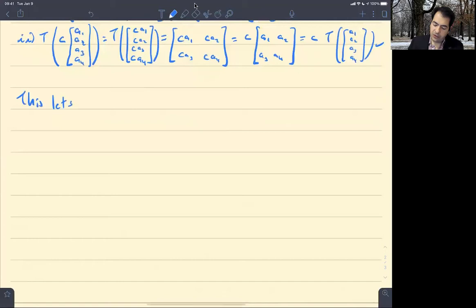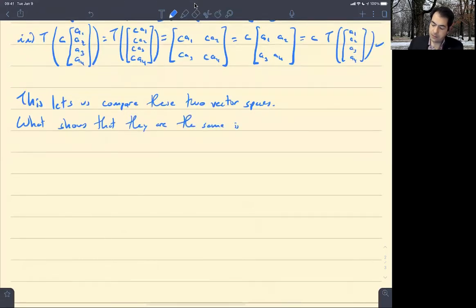So this lets us compare these two vector spaces. What shows that they are the same, let's put the same in quotes, is that T has an inverse.